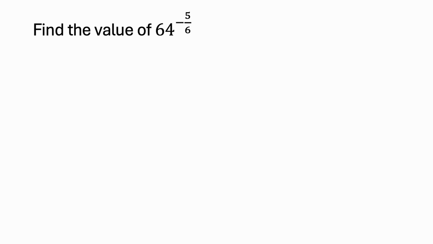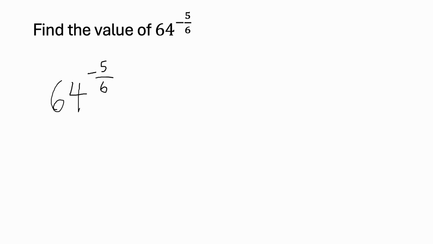Okay, now let's look at this one here. So it says find the value of 64 to the power of minus 5 over 6. So what I like to do when we have something like this, well, first let's write it out. So 64 to the minus 5 over 6.